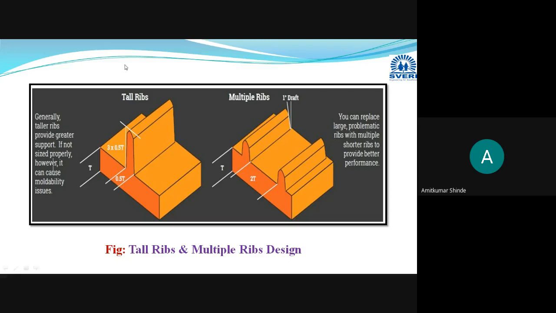Instead of a single thick rib, you can go for a thin longer rib, or a number of very thin ribs by following design guidelines. Between two successive ribs, the distance should be a minimum of two times the wall thickness.